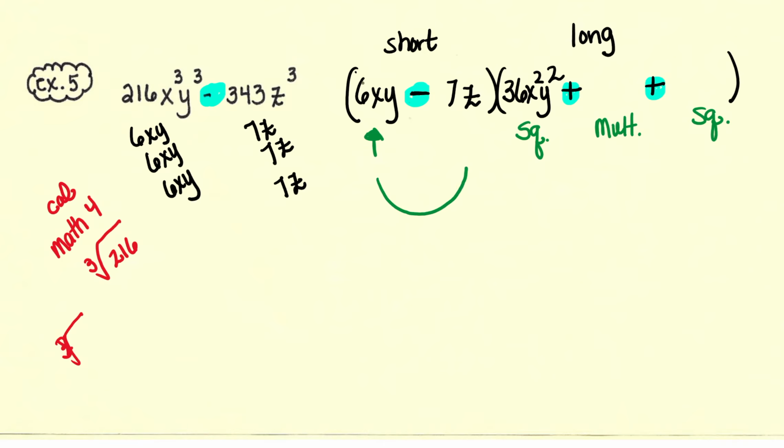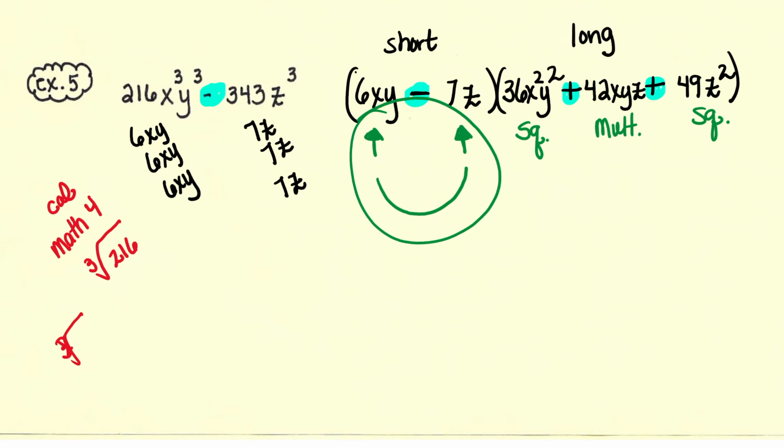So I'm going to say 6 times 7 is 42. And if I multiply x times y times z, that's what you get, xyz. And then I'm going to square the last one. So if I square the 7, I get 49. If I square the z, I get z squared. And you're done. All right, let's take a look at these last two.